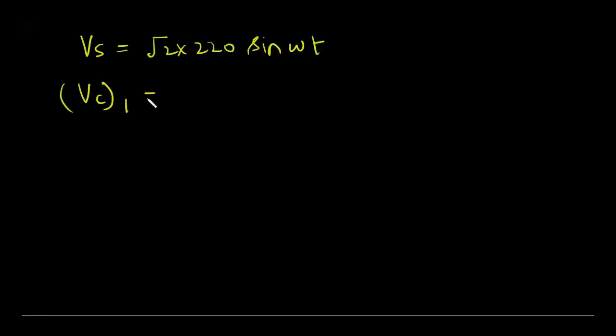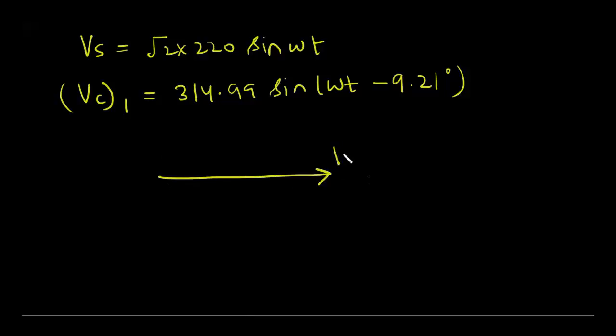Now we know that Vs is root 2 into 220 sine of omega t, and the Vc fundamental component is 314.99 sine of omega t minus 9.21 degree. If you draw the phasor, this is the fundamental component Vs, and you can see the phase difference is 9.21.